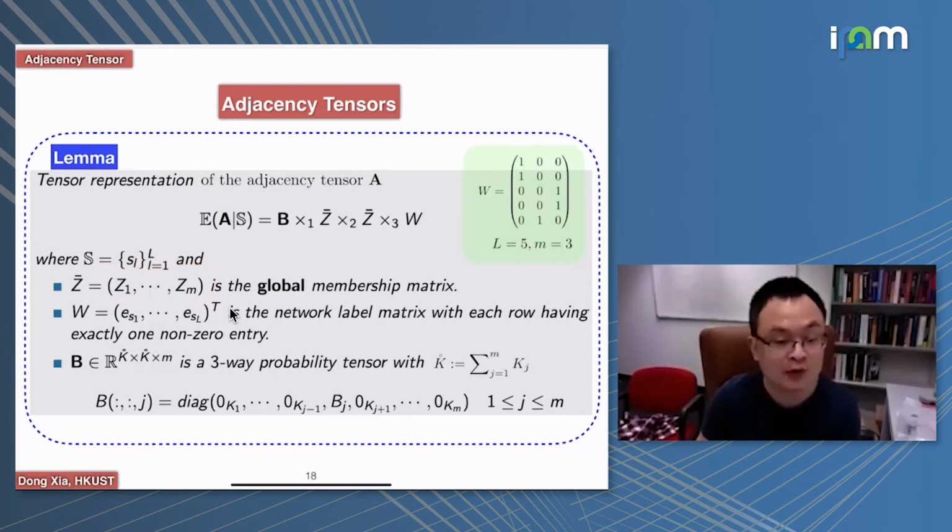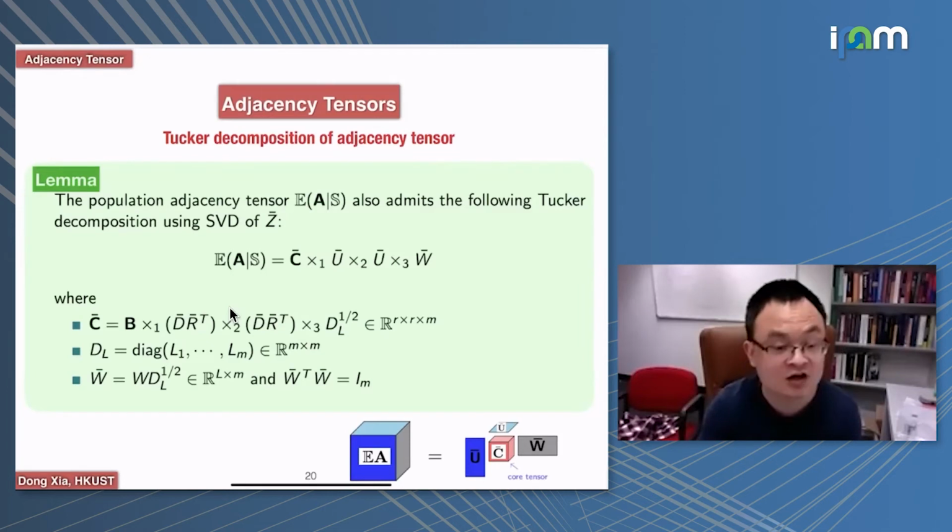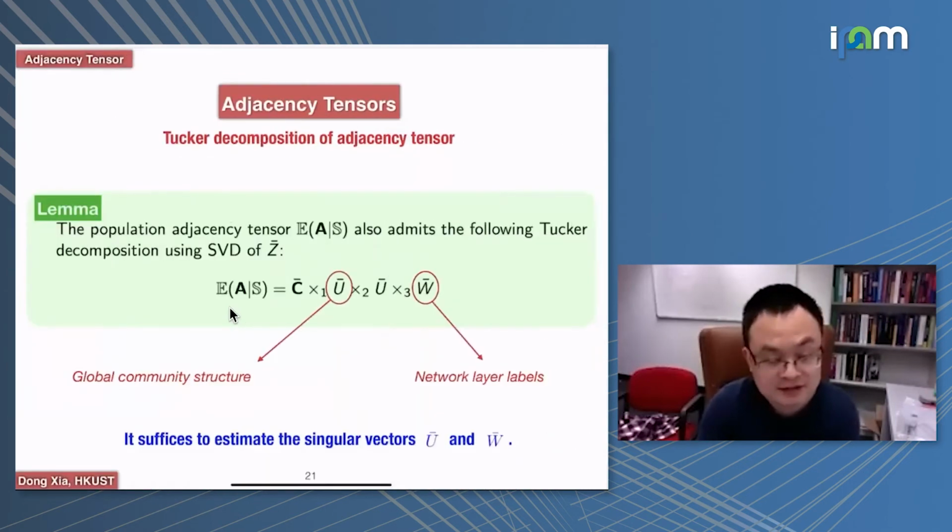Okay, so a better way is to introduce the so-called Tucker decomposition for this expected tensor. In this way, we can write it as a Tucker decomposition with a small core tensor and singular vectors. And these singular vectors are very interesting, because if you look at the singular vectors in the first and the second dimension, which we write as U bar, based on these singular vectors we can recover the global community structures.